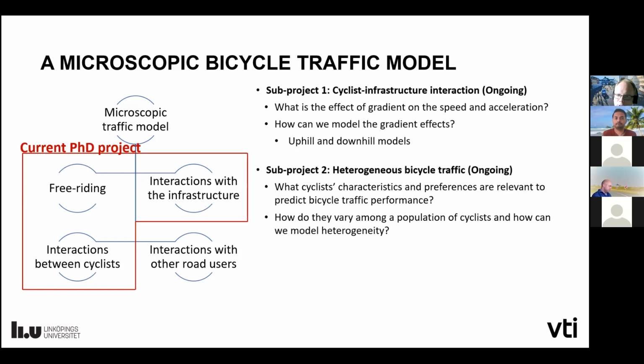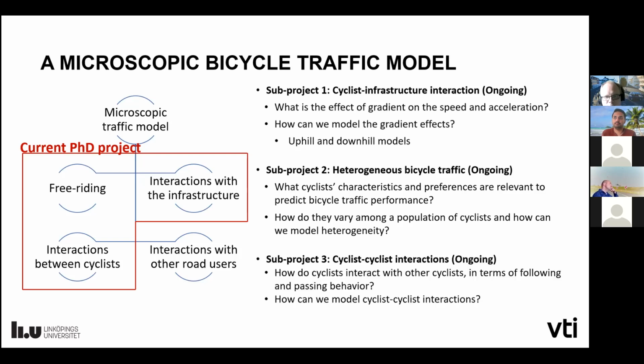The second part is that we will look into the characteristics and the heterogeneity. How do the preferences of speed and lateral position and so on look? And the last one is on the cyclist interaction, so overtaking and following behavior and so on.